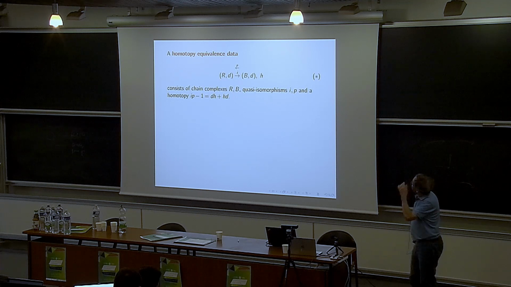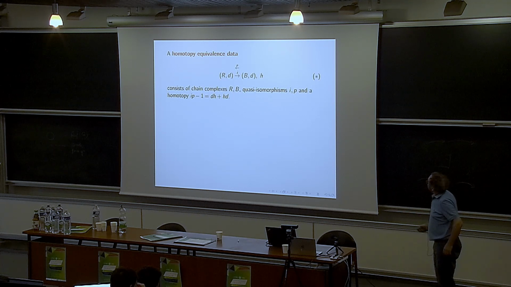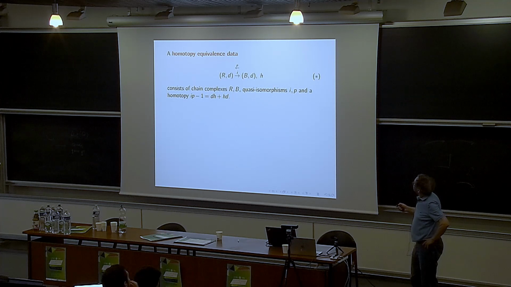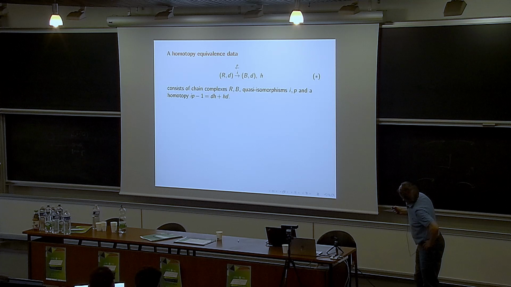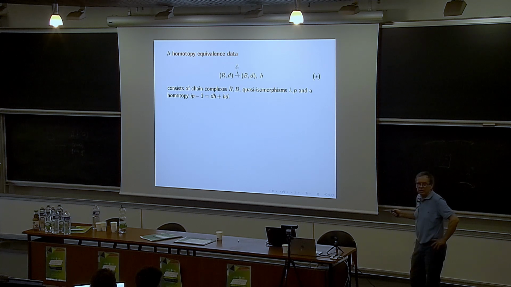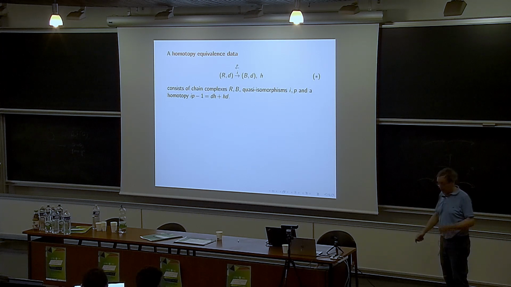Let's define a homotopy equivalence data to consist of a chain complex R, a chain complex B, and a chain homotopy equivalence I, and an inverse P. And H is this chain homotopy. That's what you define to be a homotopy equivalence.